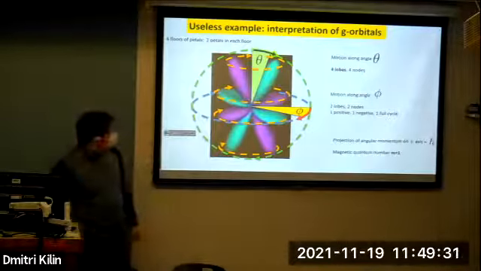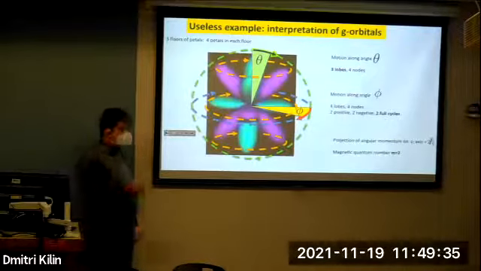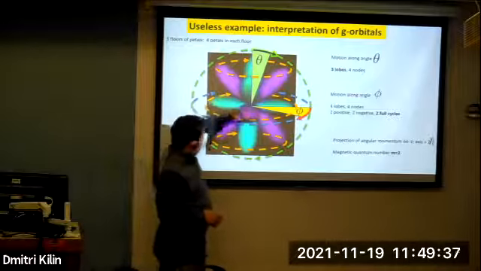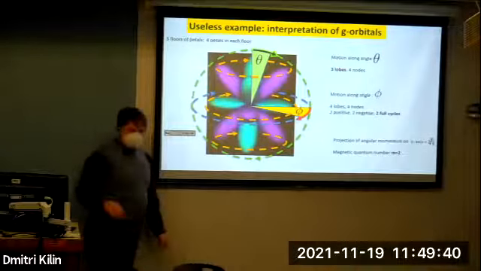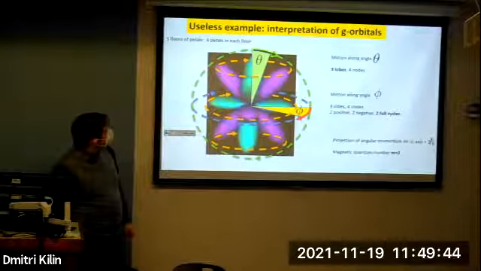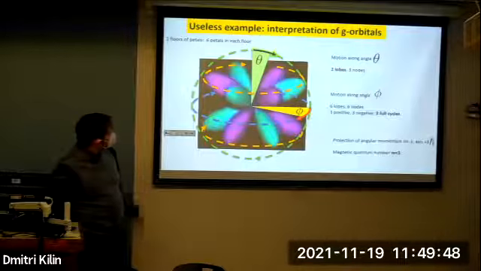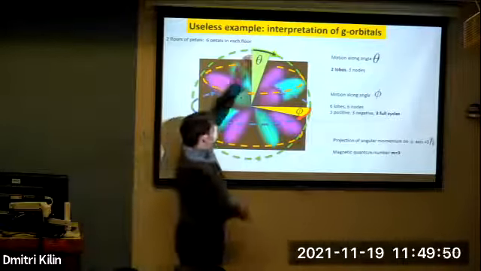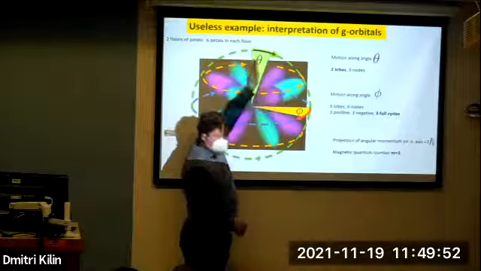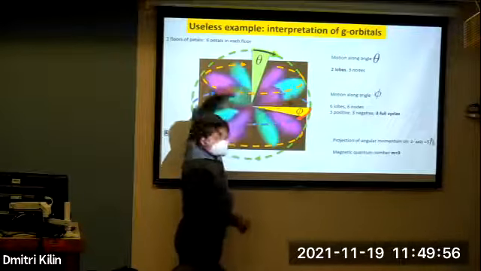If you keep the same angular momentum, but increase magnetic, it gets more along in the plane. And if you go further, you see, it has less motion out of plane and more motion in plane.